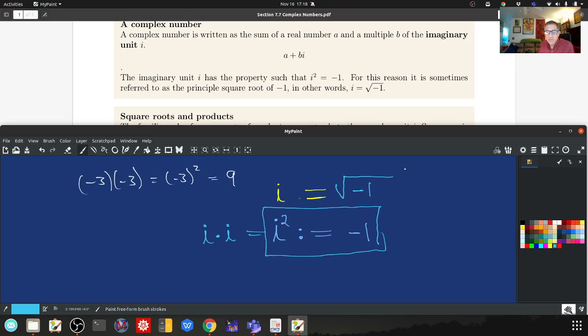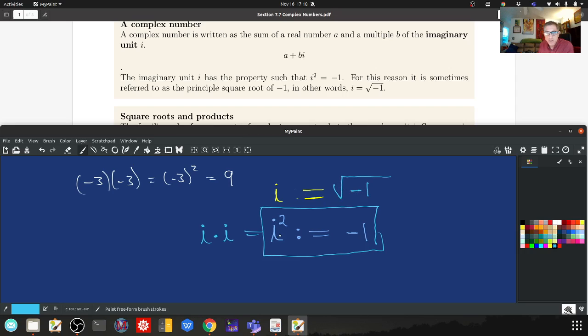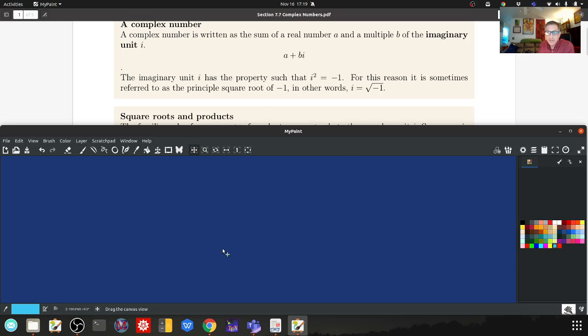So sometimes they define i as being the square root of minus 1, and then square it, and we get i squared is equal to minus 1. Sometimes we start with i squared is equal to minus 1, and then we derive i is equal to the square root of minus 1. I think for you guys, it might be most helpful if you just remember that i squared is equal to minus 1. I think that's going to be the most helpful.